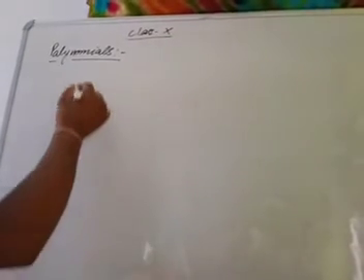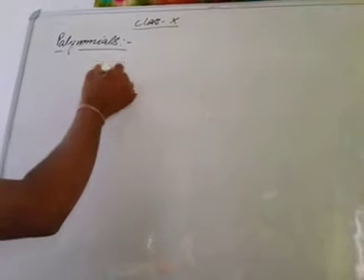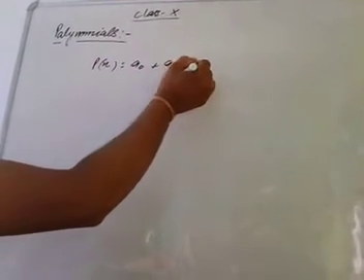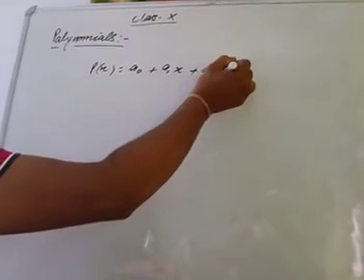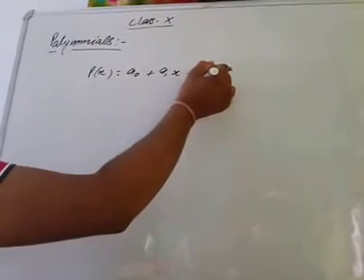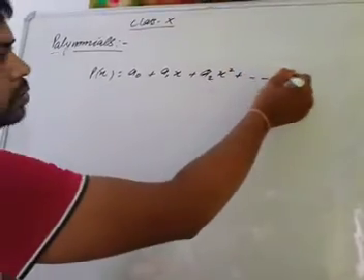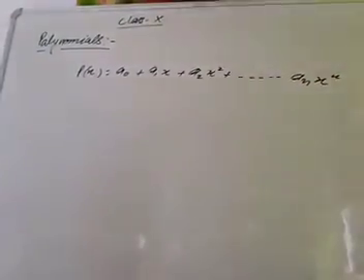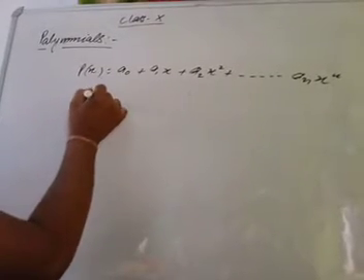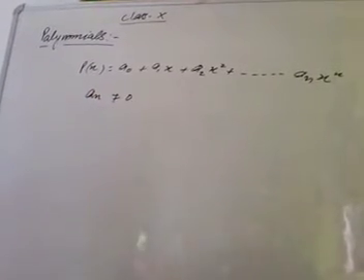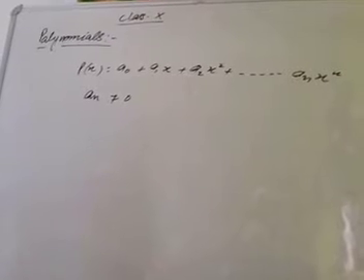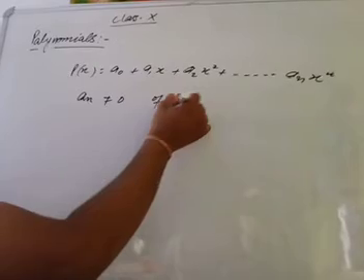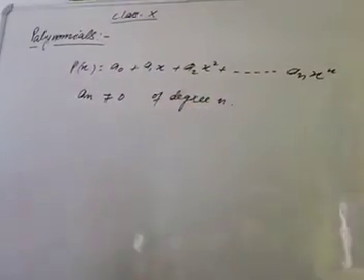A polynomial is an algebraic expression in the form of p(x) = a0 + a1x + a2x² + and so on up to an xⁿ, where an is not equal to 0, is called a polynomial of degree n.